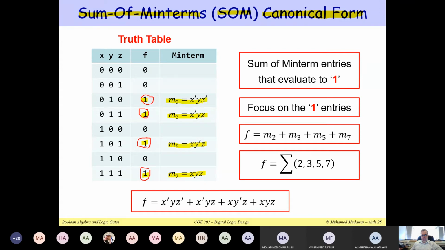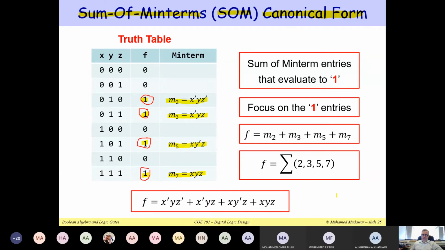So you get 1 and 1 and 1 will give you 1. In all other cases, the value of minterm 2 is equal to 0. Therefore, we only focus on the minterms where the value of the function is equal to 1. So we don't include all the minterms. We only include the minterms where the value of the function is equal to 1.